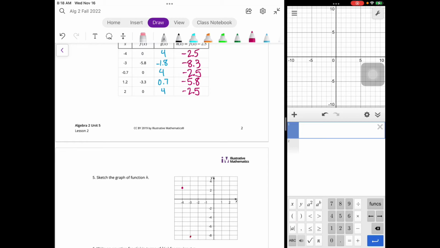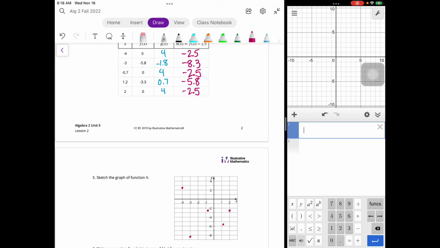It's going to be right about there. Negative 0.7, negative 2.5, it's going to be somewhere around there. 1.2, negative 5.8, it's going to be right about there. And then 2, negative 2.5 will be right about there.